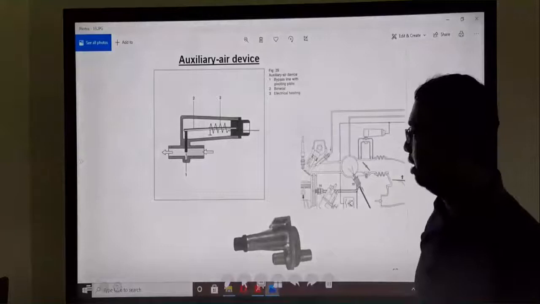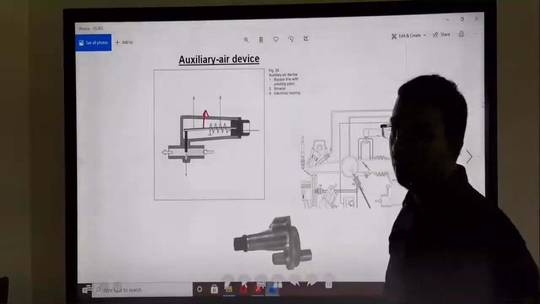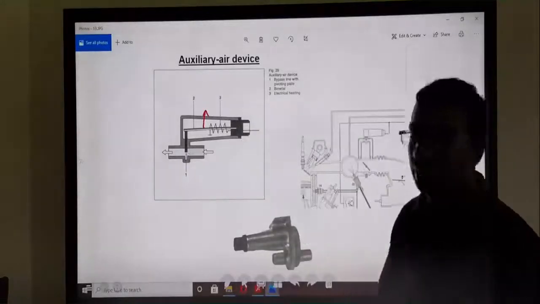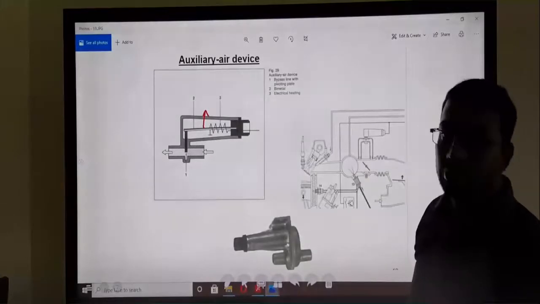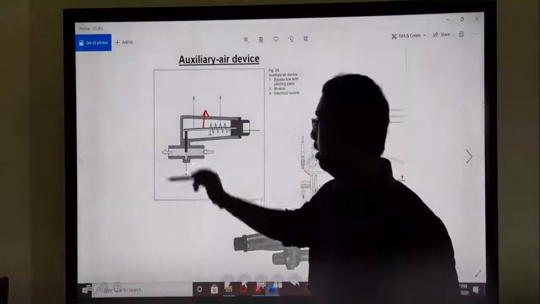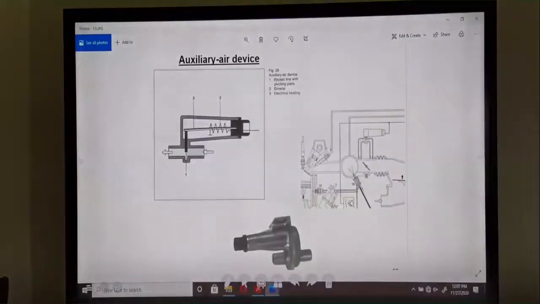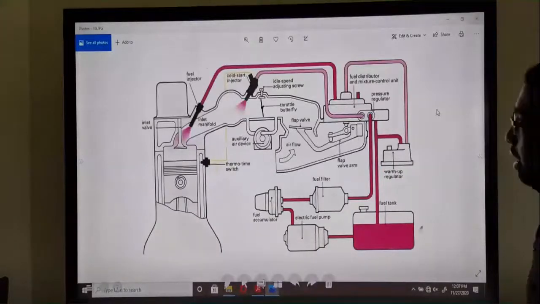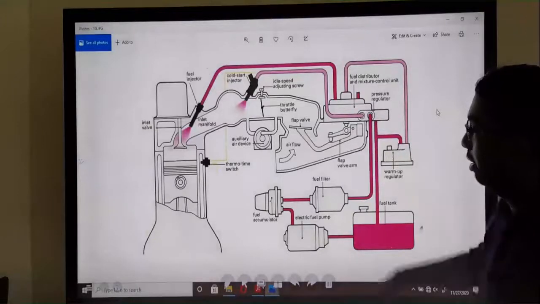When cold starting, this bimetal starts to move like this, so this passage is gradually opened. So this is all I had to tell: the fuel injector, idle screw, thermo switch.